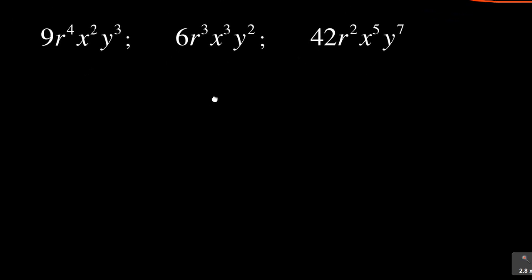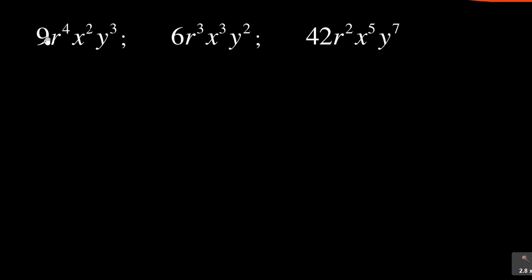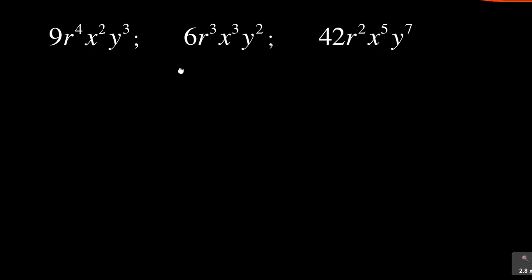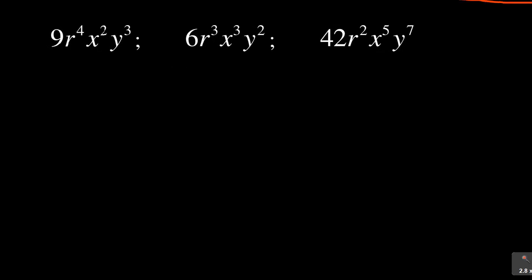Now let us use the prime factors, and the prime factors they are talking about are the prime factors for 9, for 6, and for 42. Now, how do you find the prime factors of 9? Let me divide my space like that, so that I will have each part on its own.